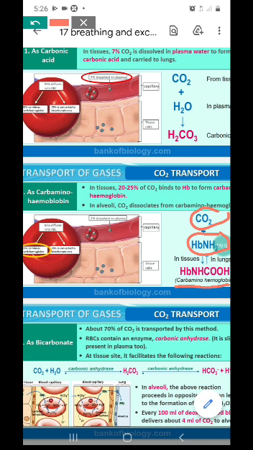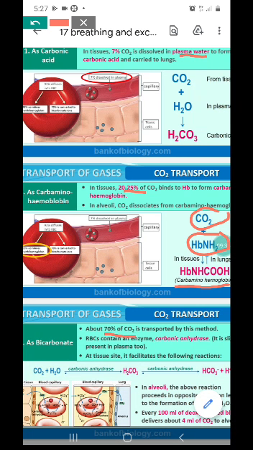Okay, and the third method of carbon dioxide transport is by the bicarbonate method, right? So 20 to 25% is already transported as carbaminohemoglobin, 7% is dissolved in plasma. Okay, and the remaining 70% of carbon dioxide, what is happening is the carbon dioxide enters the RBC, and it combines with water of the RBC to form H2CO3.